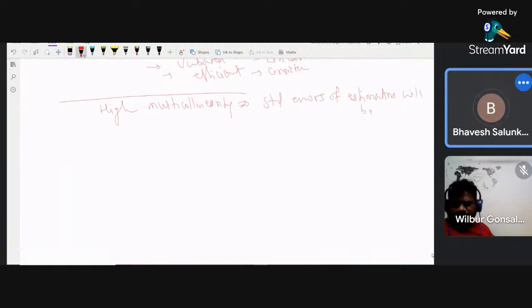And what would be the implications of these large standard errors in hypothesis testing? How do we construct the test? Beta hat 1 upon standard error of beta hat 1. If this is very high, what will happen to t? Small. t will be small. So you will get insignificant coefficients from this kind of regression model.